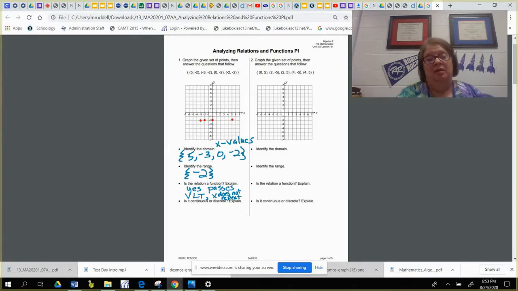Okay. And then the last question says, is it continuous or discrete? How many points do we have? We have 1, 2, 3, 4 points. If you can count the points, it's discrete. Because they are individual points, they're not connected.